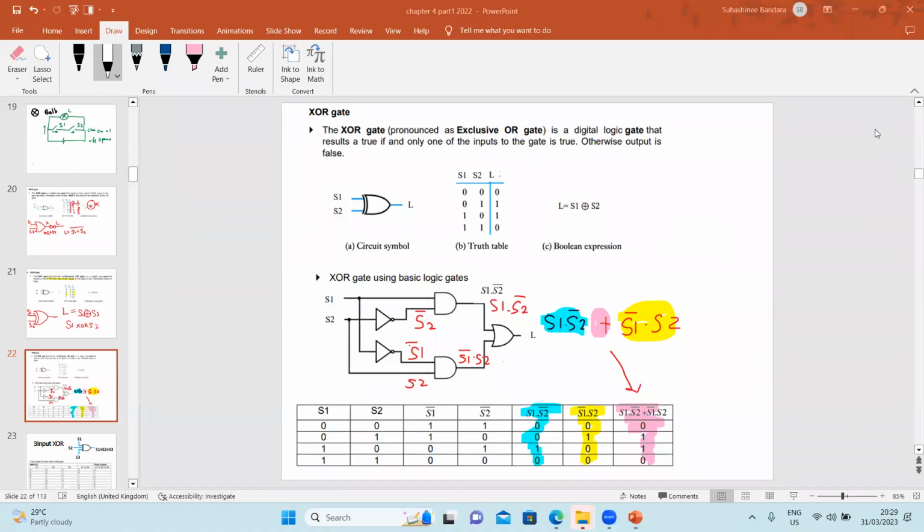This circuit is very important. Normally for the exam also you will get this one. So instead of S1, S2, if you get A, B, you should know how to handle this type of question.